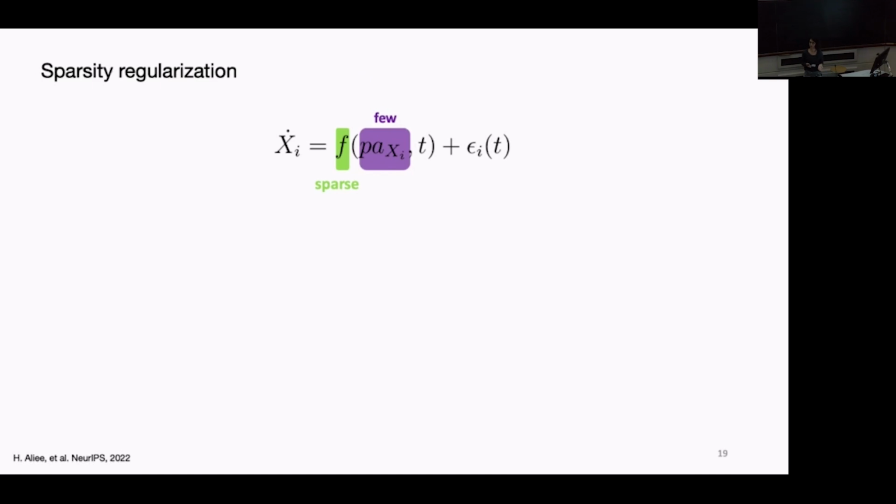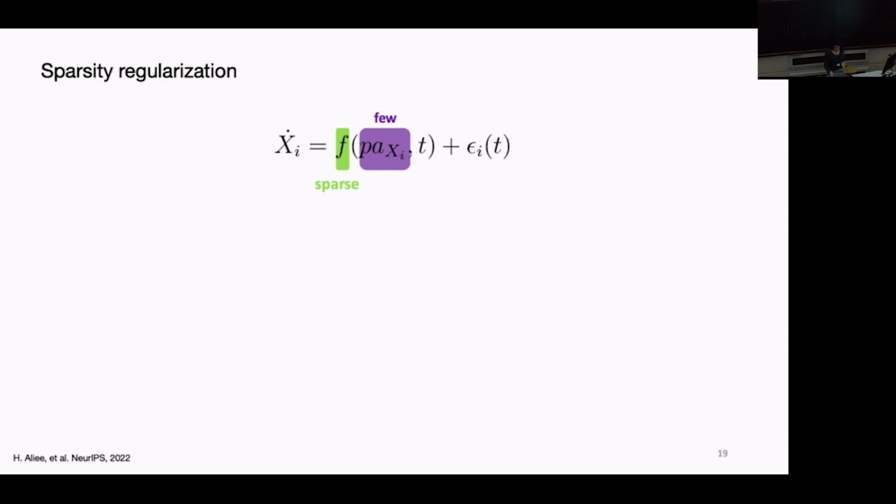And in biology, it's also quite true, because we have fewer transcription factors compared to the target genes, and also within each tissue, the number of transcription factors is significantly less than the target genes. So it seems like this sparsity regularization is quite a good assumption in biology.